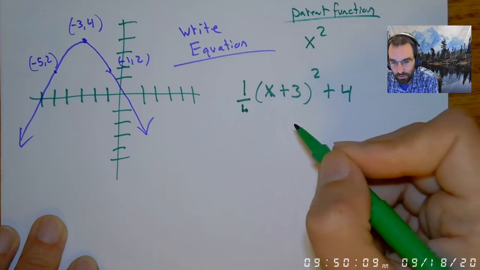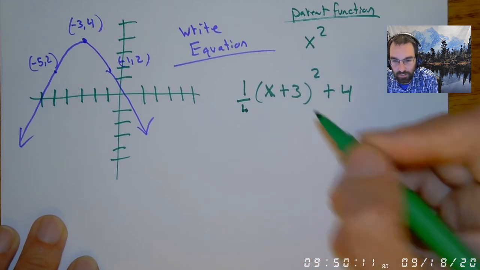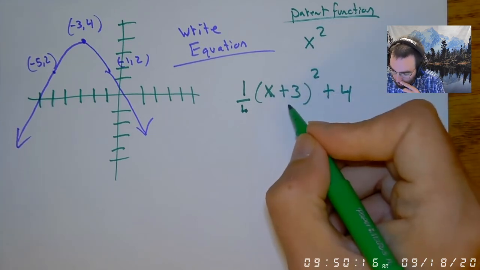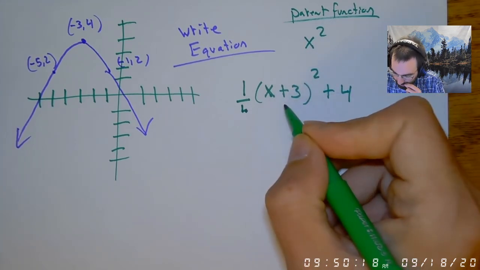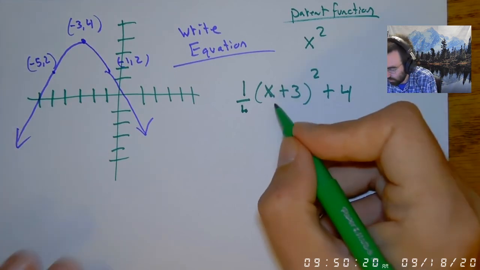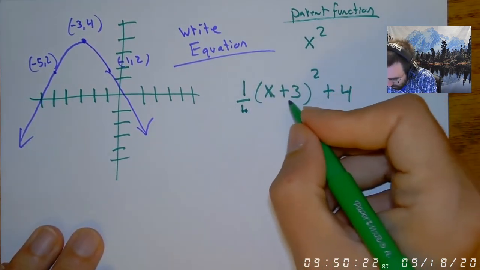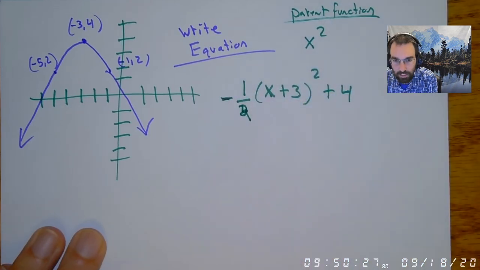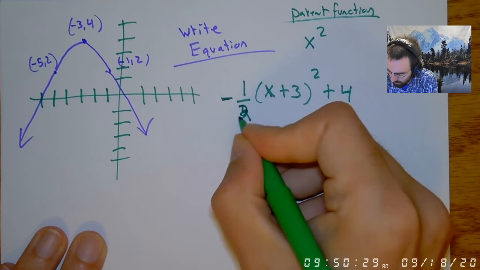No. What am I doing here? Guys, you're killing me. Okay, so this is 2. So what plus 4 gives 2? I'd have to have -2. So then I want this to get to 2, so I would go 1/2, and then I'd make this negative. Oh my gosh, that took way too much time on my part.